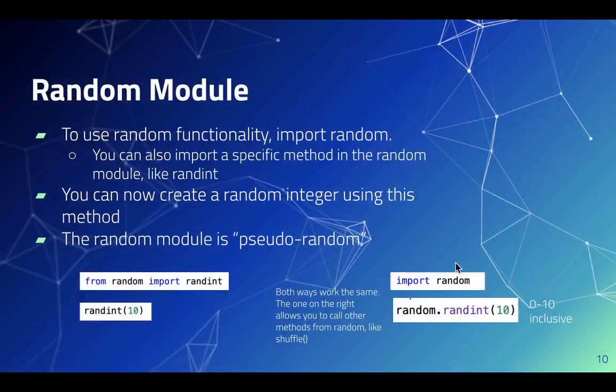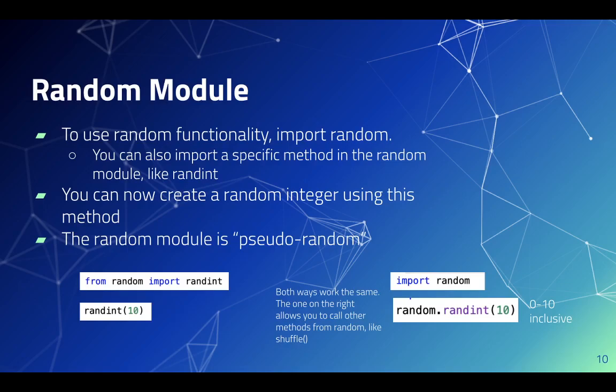Then we talked about modules and third-party Python libraries, or libraries in Python. And we talked about the random module. So what is the random module? It allows you to kind of simulate pseudo-randomness. And what I mean by that is it's not truly random, because in the end, a computer can only follow a set of precise instructions.